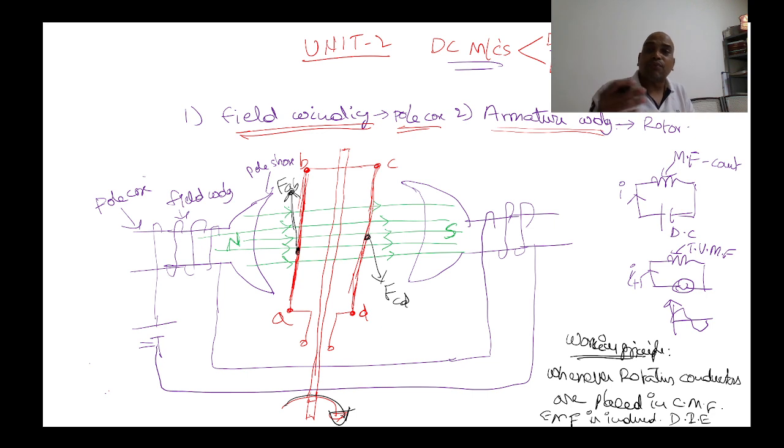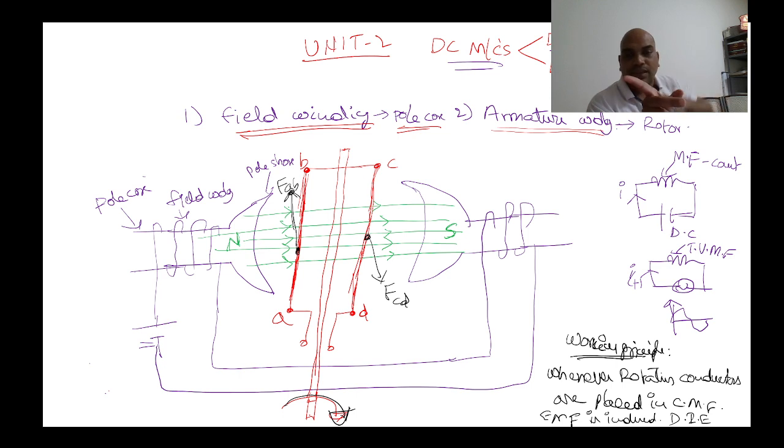Now how can you find the direction of induced EMF? By using Fleming's right hand rule. These three fingers are mutually perpendicular to each other: thumb, forefinger, middle finger. The middle finger represents the direction of magnetic field.